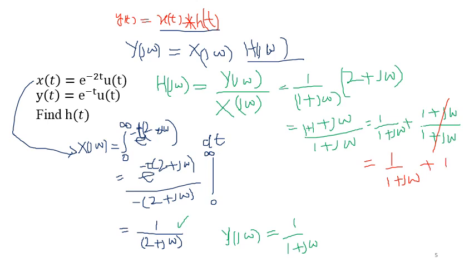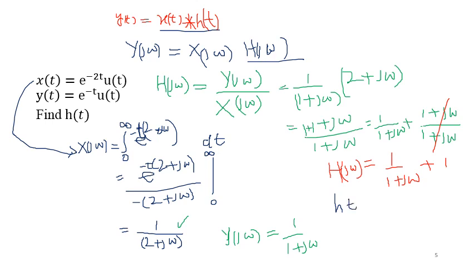So this is my H of j omega. Because Fourier is basically a linear operation, to find the inverse of it, I write h of t.